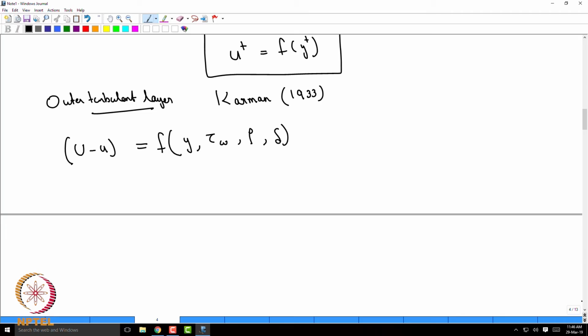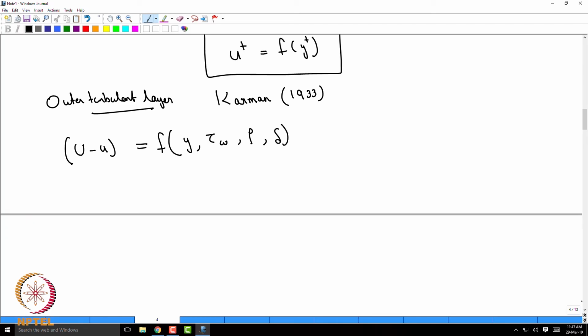y is going to be the exact location. Delta is going to be the total length, the total length that is affected by the wall. As I said, I have no answer why it should be a function of that, but this is what is seen, and therefore we are putting it into the expression.